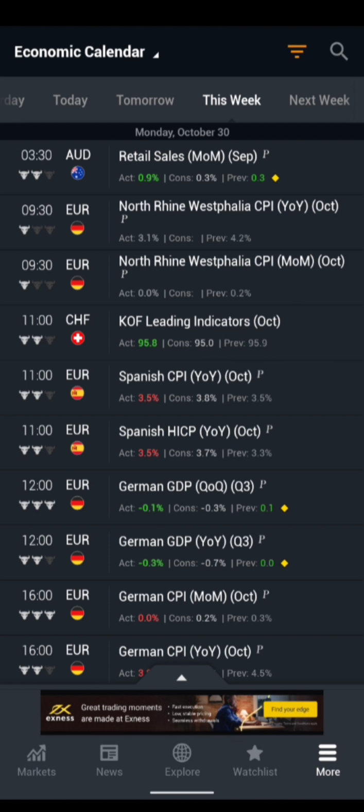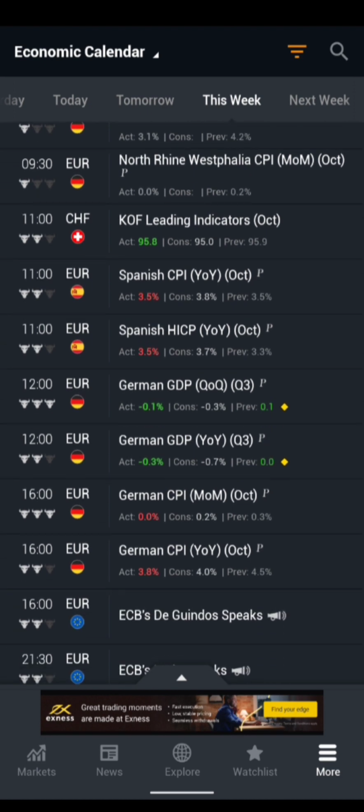It has two bulls. Next we have EUR at 9:30. We have the North Rhine-Westphalia CPI, Consumer Price Index, yearly for October. It has one bull.